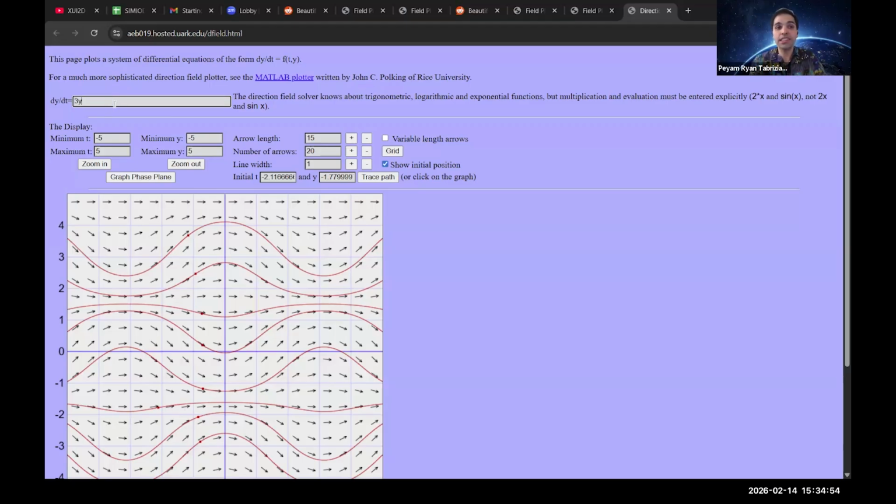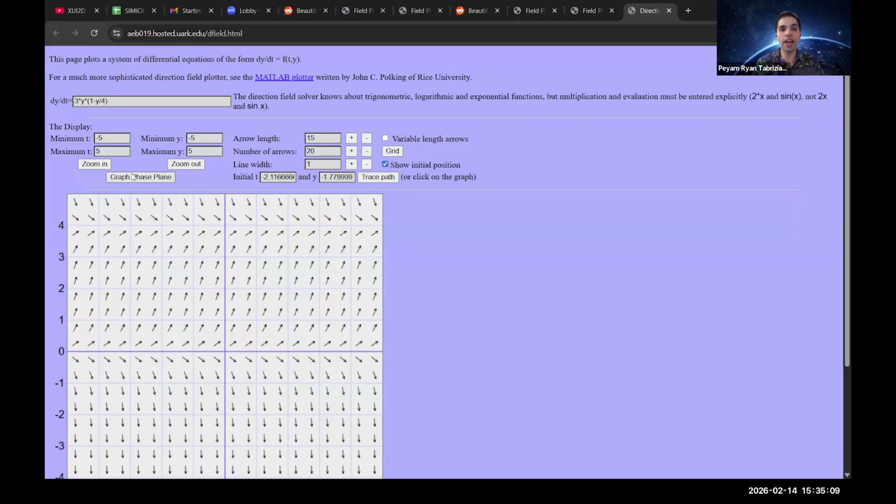As I mentioned, it's really a great illustration of the logistic equation. For instance, let me change this a little bit: y prime equals 3 times y times 1 minus y over 4. You can really see that there are two equilibrium solutions here, but also the solutions in between, namely the ones that increase up to the carrying capacity.